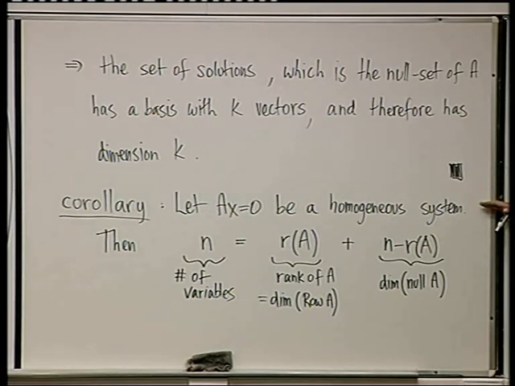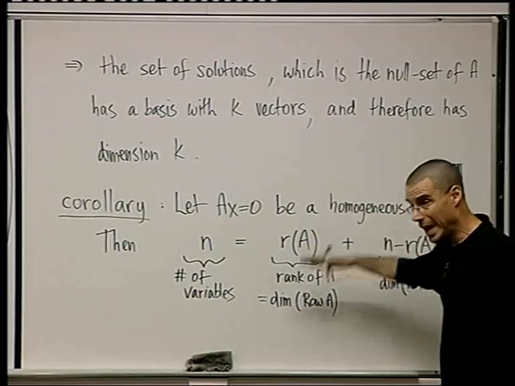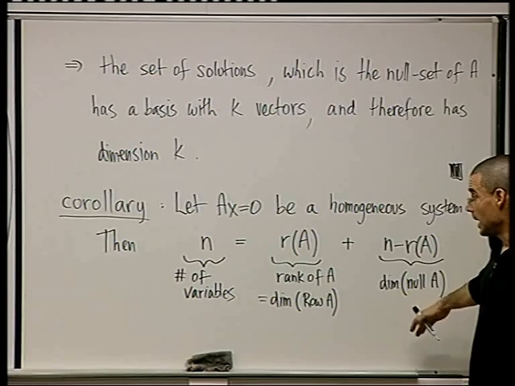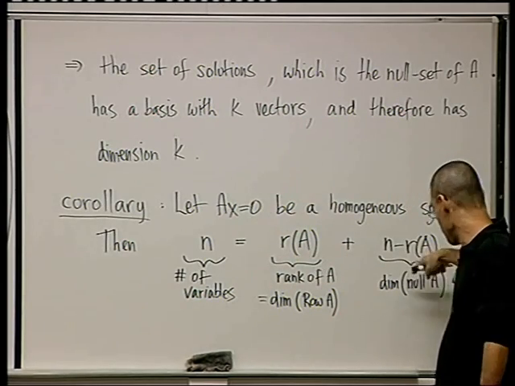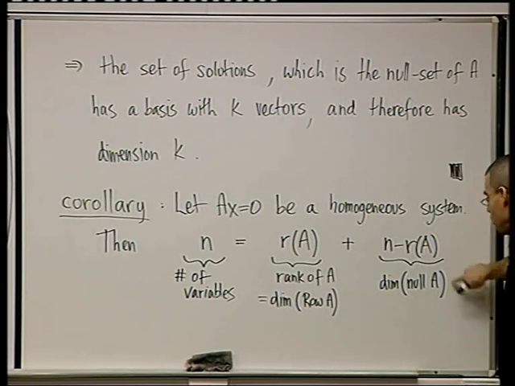So for a homogeneous system, the number of variables equals the rank plus the dimension of the null space. And this follows from, I don't need to prove anything, we just proved it. What required proof was the fact that this is the dimension of the null space, and that was the theorem.